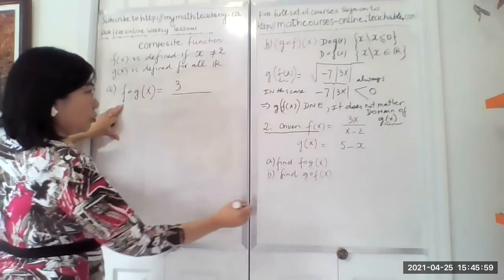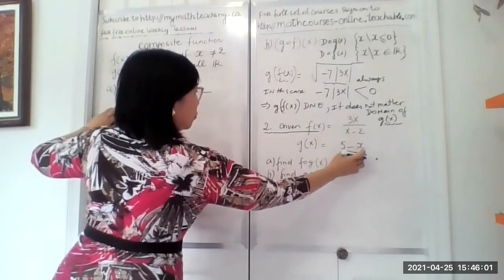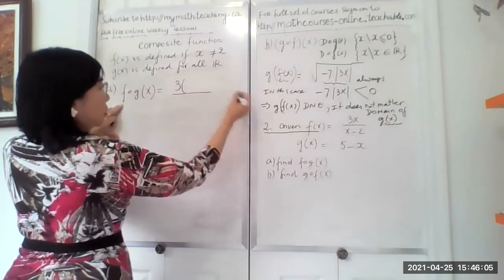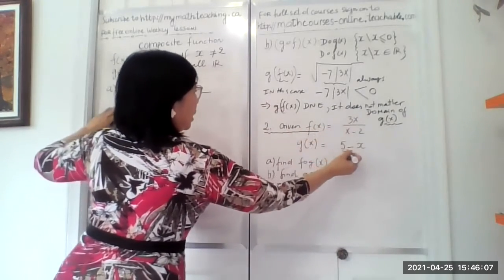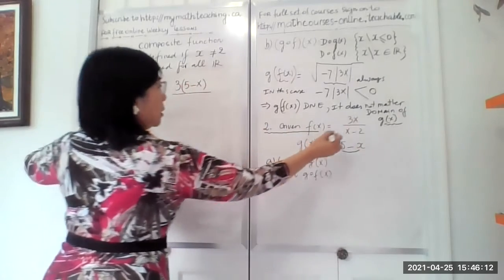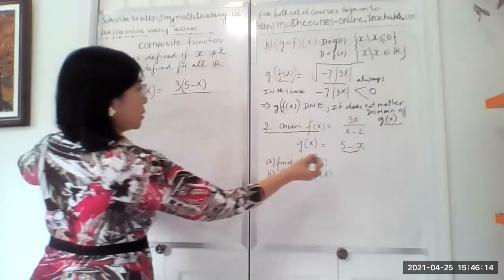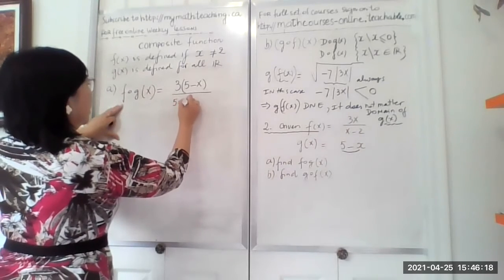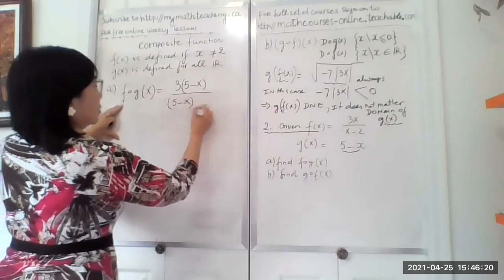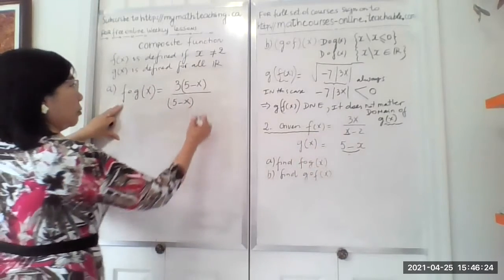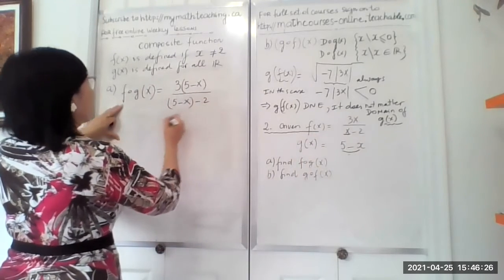On the top will be 3, but the x here will be replaced by the whole function, 5 minus x. Down here, this x will be substituted by 5 minus x again, and minus 2.